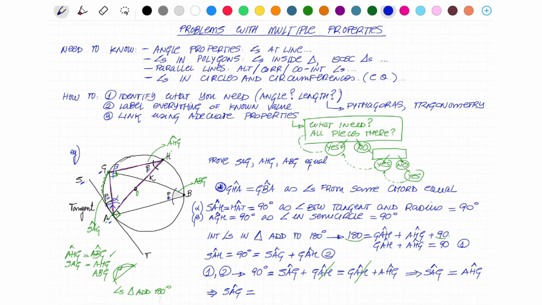So yes, SAG equals, let's put it in the same order that they give it to me, AHG, which equals ABG. And all of that equals that P value that they gave me. So now I can say that I demonstrated it using algebra. So we boxed it, QED, and we're done.